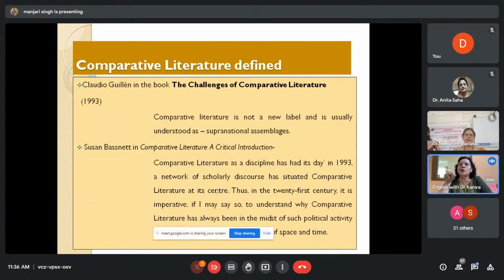Now, here 1993 is very significant in the sense that here we see the rise of globalization. Globalization demands the global life of the mind. All countries would merge into one. It demands a kind of wide collectiveness. So, when there are no boundaries, where would comparative literature come?